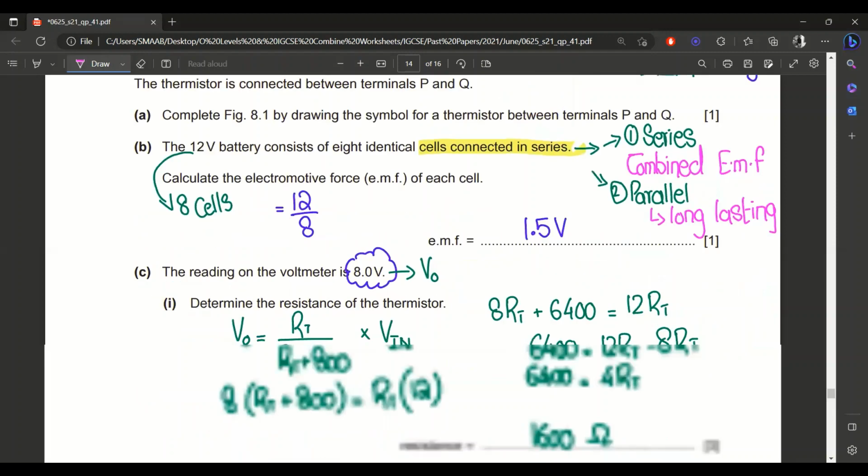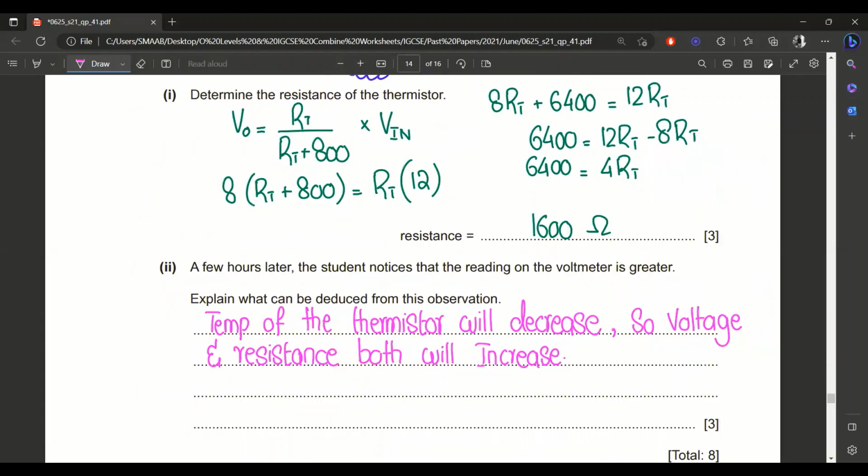That's why in a thermistor, if the temperature decreases, voltage and resistance both will increase. So increasing the temperature will increase the reading on the voltmeter.